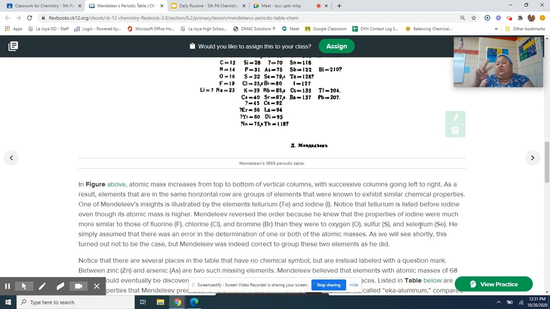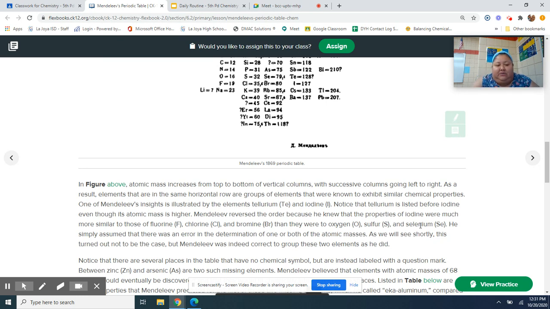He switched those two elements because he knew that iodine reacts just like bromine, chlorine, and fluorine. It does not react like selenium, sulfur, and oxygen. So he did a flip flop between those two elements. That is one of the key insights that made Mendeleev's periodic table superior.